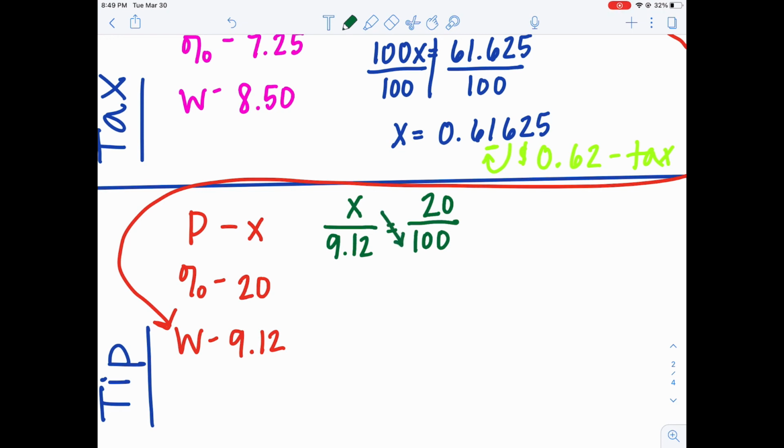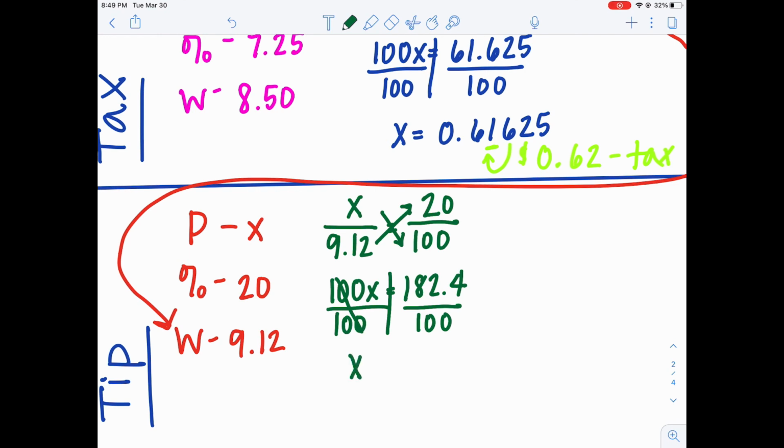Using cross multiplication, I'm going to multiply them. X times 100 is 100x, and $9.12 times 20 is 182 and 4/10. Now solving it, I'm going to divide both sides by 100.